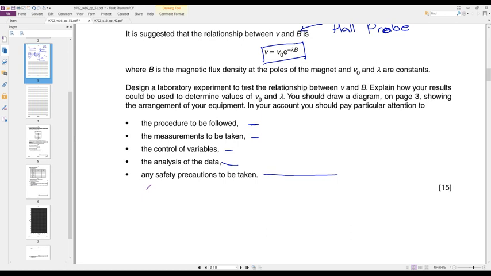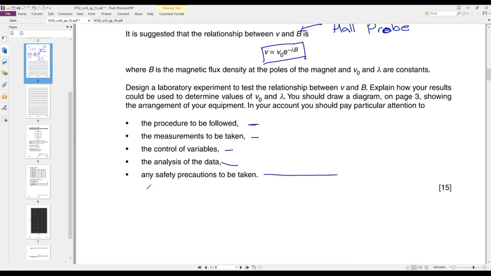One good suggestion in this case is that perhaps you measure it 4 times and you do 2 with the north pointing down and 2 with the south pointing down. Essentially just to make sure that there's no offset or difference that doesn't get taken into account.